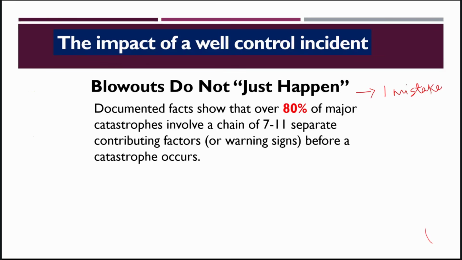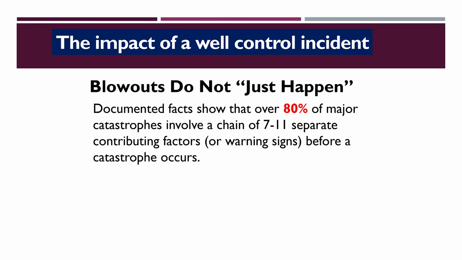When we did the accident investigation and saw the reports, it was clear that 80% of major catastrophes involve a chain of 7 to 11 separate incidents, separate mistakes, that become the contributing factors for the catastrophe.